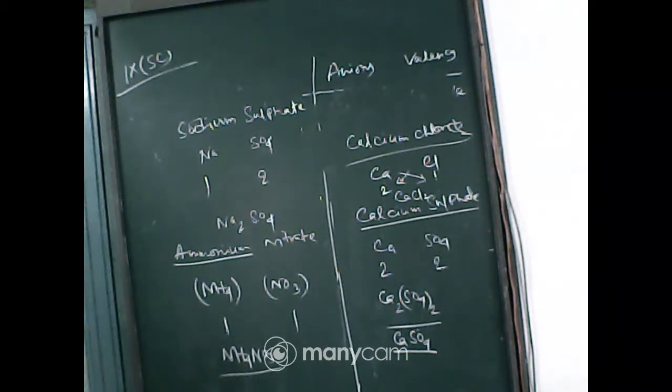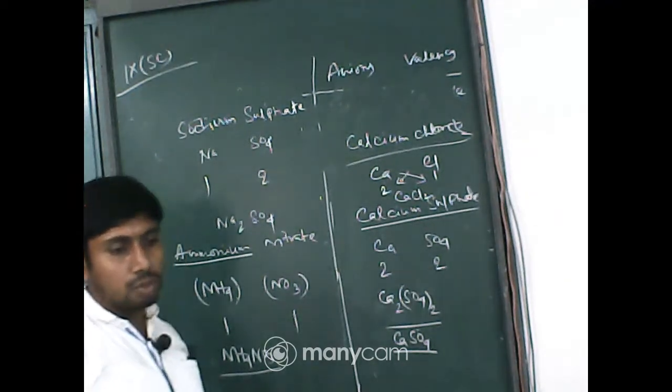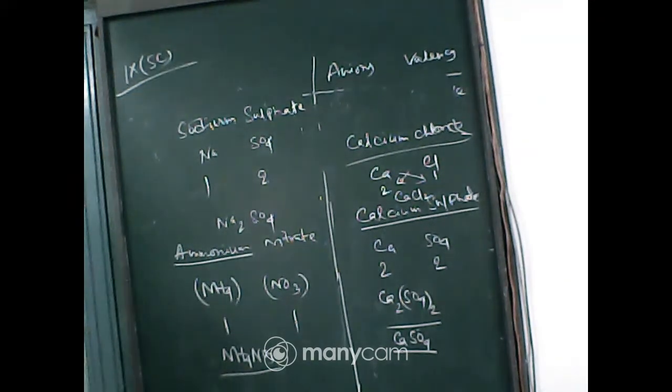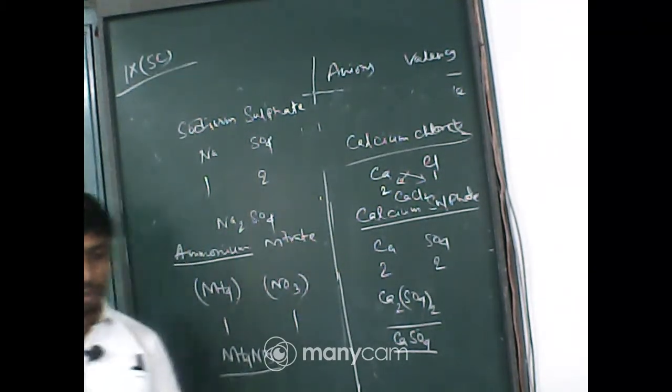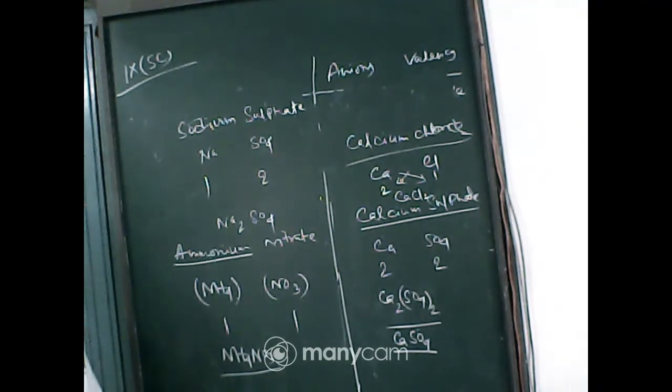Now in your NCERT textbook, the formulas are given for sodium carbonate, ammonium sulfate, calcium hydroxide, sodium nitrate. Okay. The class 9 batch is giving the answers very quickly.